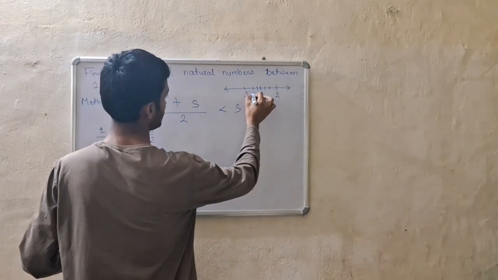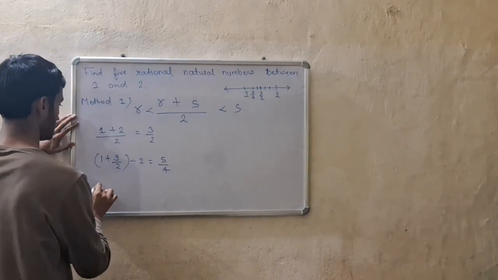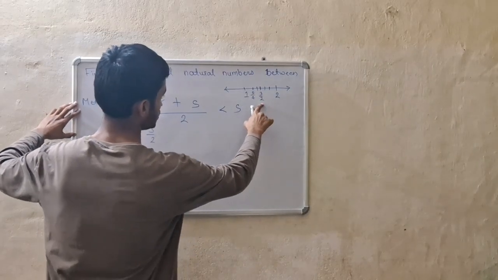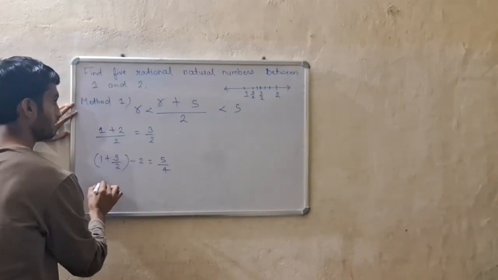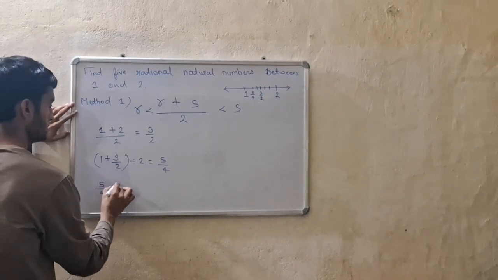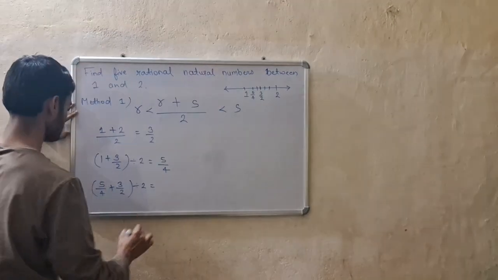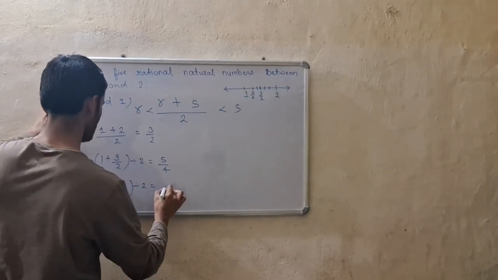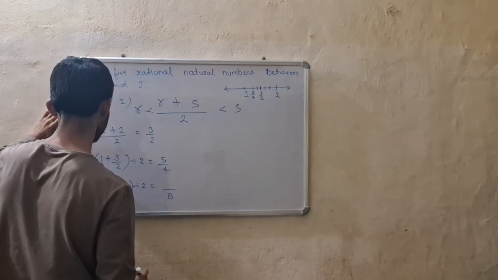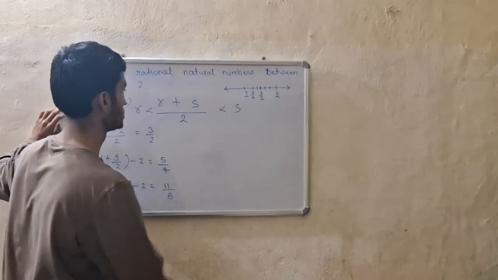So 5 by 4 lies here. And then in a similar way, we can use 5 by 4 and 3 by 2 to get another rational number. So 5 by 4 plus 3 by 2 divided by 2 gives you 11 by 8, right? So 11 by 8 is here.